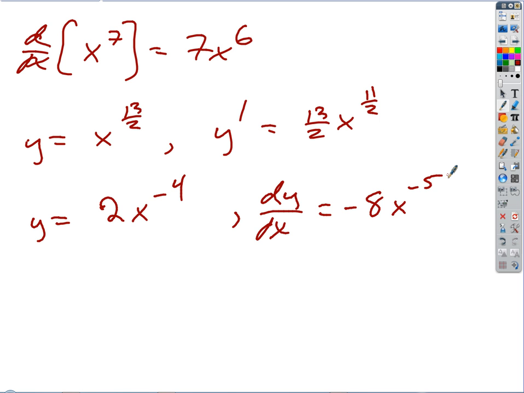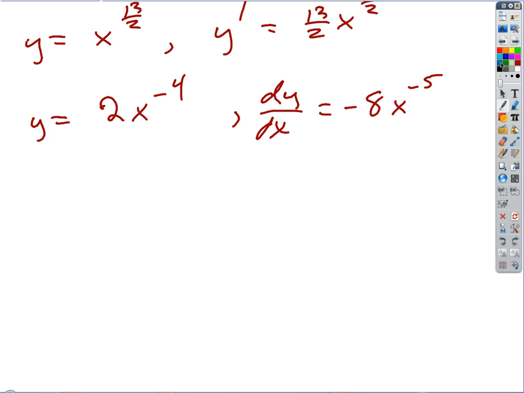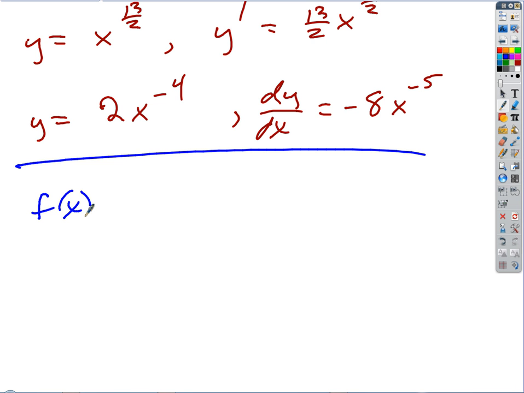Okay, make sense? Here's another one. What do we do if I have something like f of x equals 3x to the 5th minus 2x squared? Now I want you to think about how we did limits. When we did limits of sums, didn't we say that we could split the limit of a sum or difference into the separate limits?